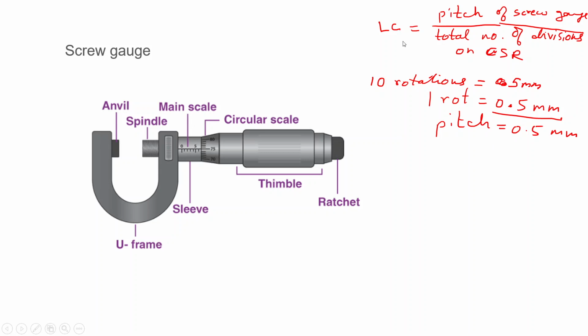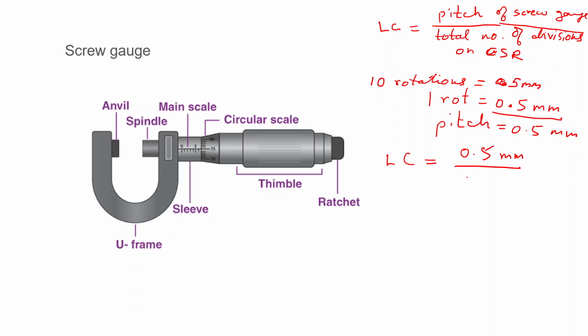Now we will calculate the least count. The pitch of the screw gauge is 0.5 mm divided by the total number of divisions.